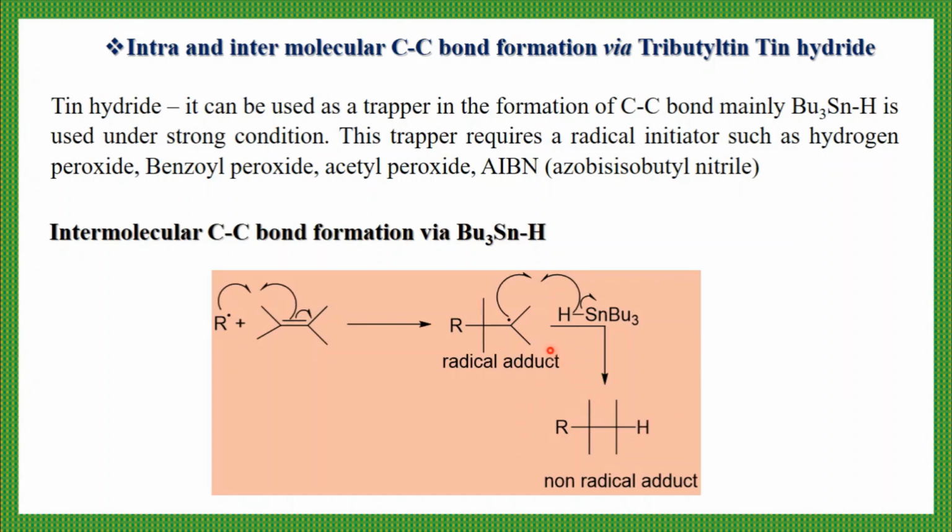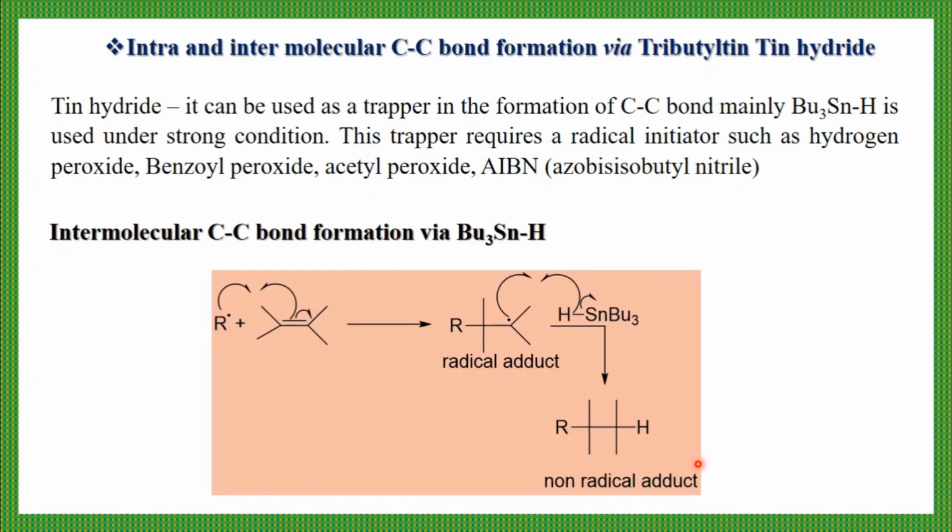Tin hydride can be used as a trapper in the formation of carbon-carbon bonds. Tributyltin hydride is used under strong conditions for the conversion of the radical adduct into the non-radical adduct. This trapping requires a radical initiator.